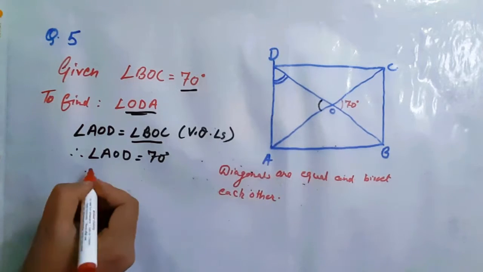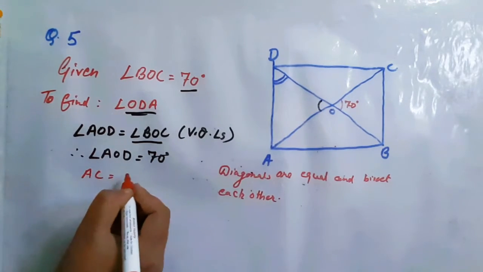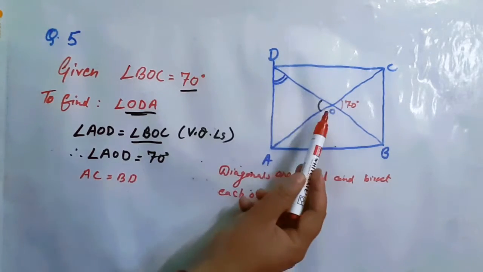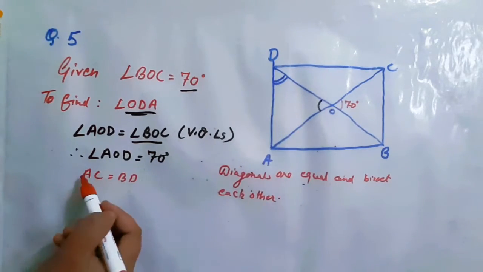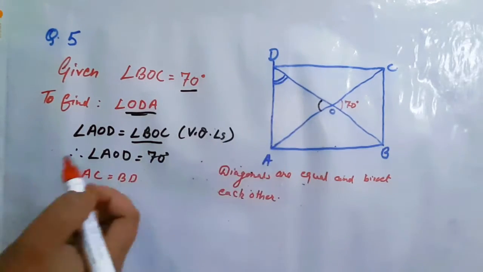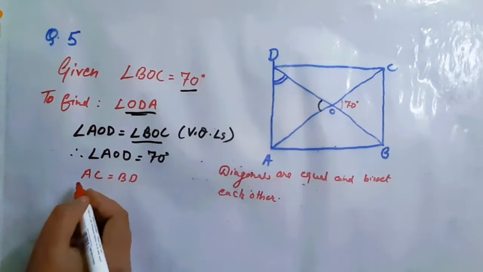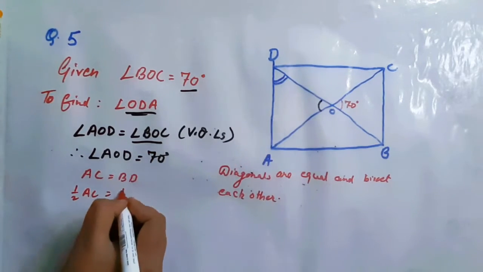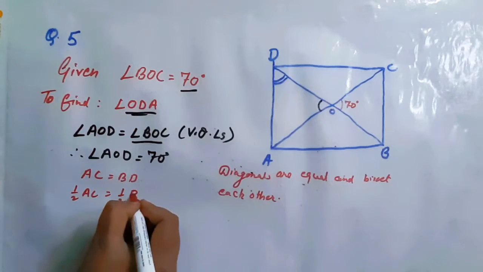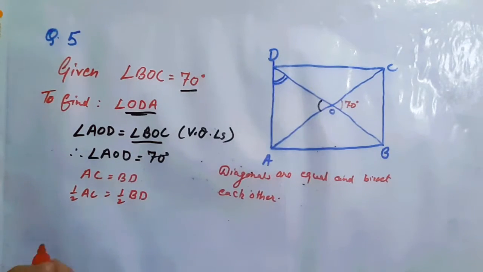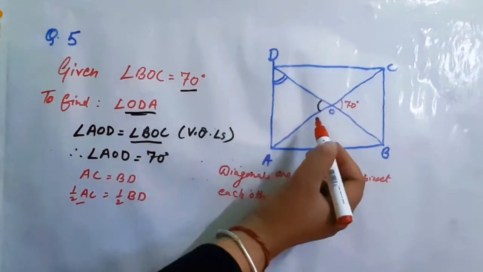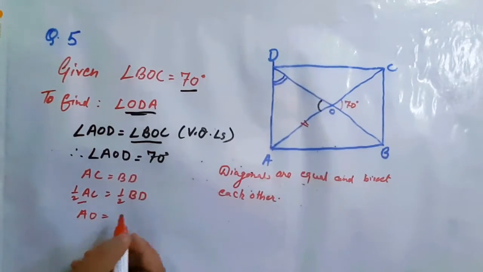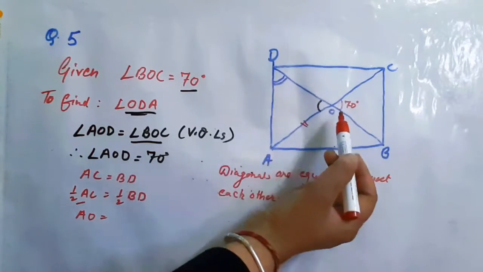Diagonals are equal means AC equals BD, and AO is half of AC and OD is half of BD. So half of AC will be equal to half of BD. What we got from here? Half of AC will be AO. So AO is equal to half of BD, which is OD.